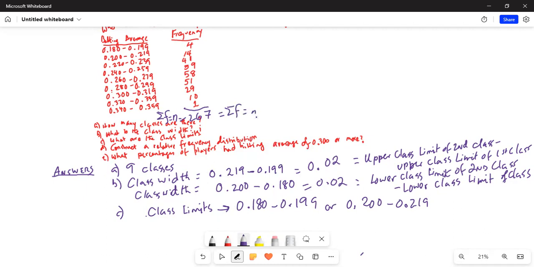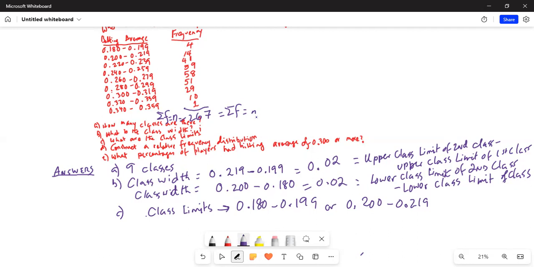Let me make sure that I've done my calculations correctly. It's 4 plus 14 plus 41 plus 59 plus 58 plus 51 plus 29 plus 10 plus 1, which is equal to 267.